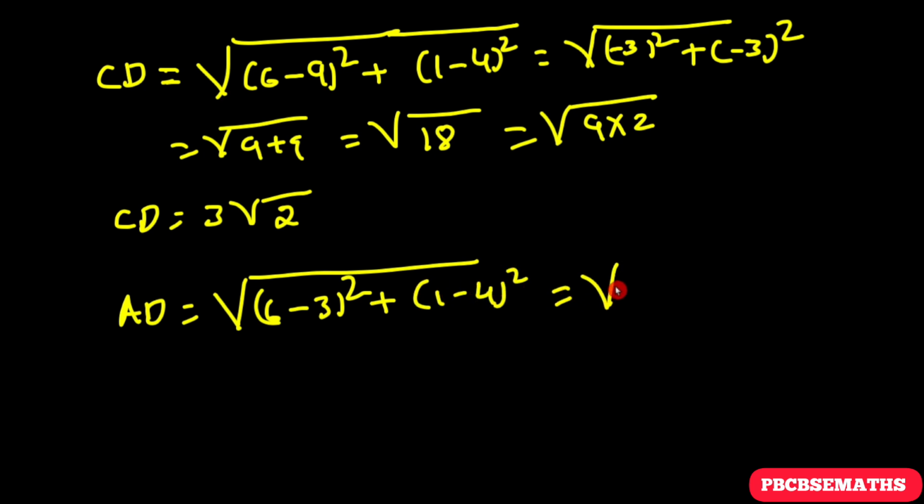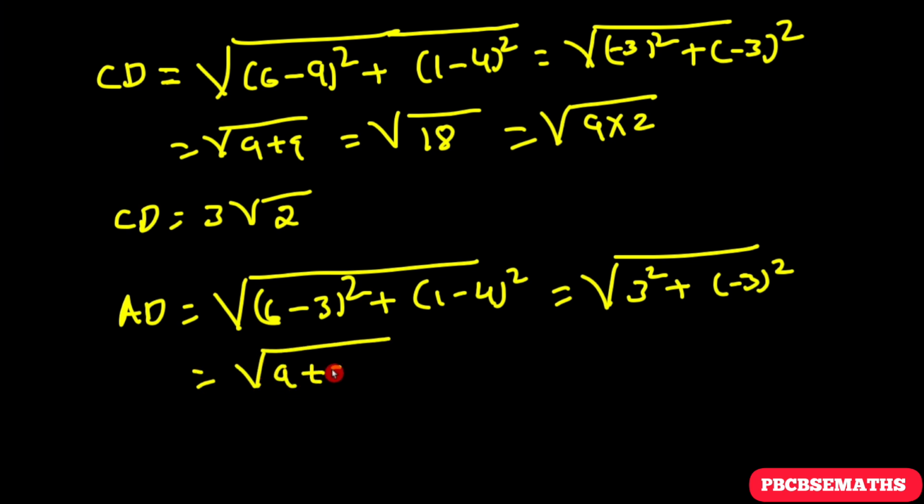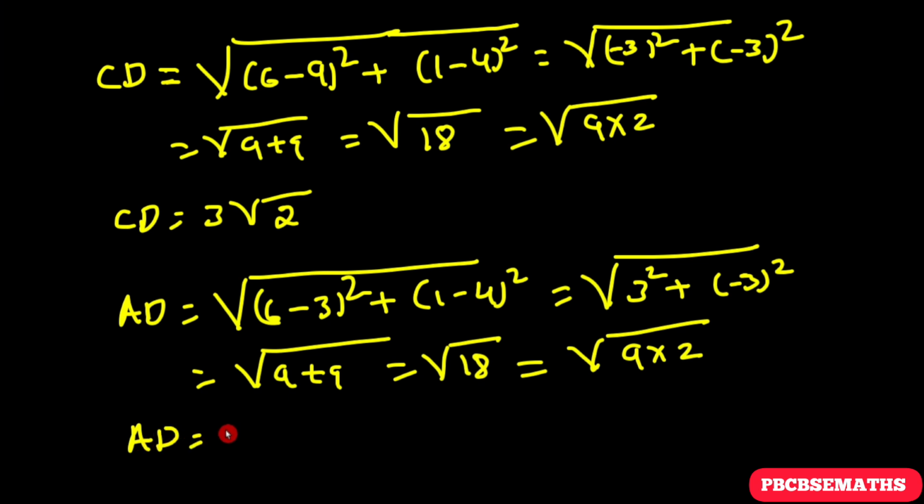By simplifying this, we can write it as 3 square plus minus 3 whole square, which gives us square root of 9 plus 9, which is equal to square root of 18. We can write it as square root of 9 into 2. So the value of AD is 3 root 2. So here all the side values are 3 root 2 units.